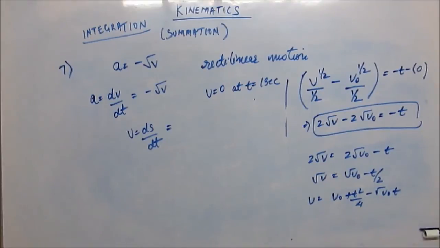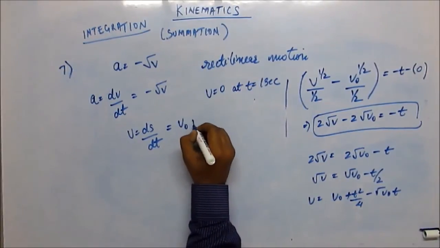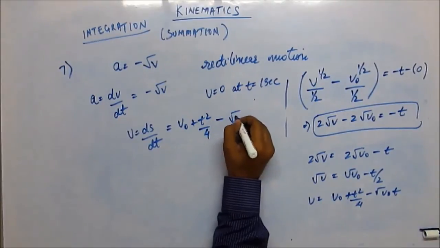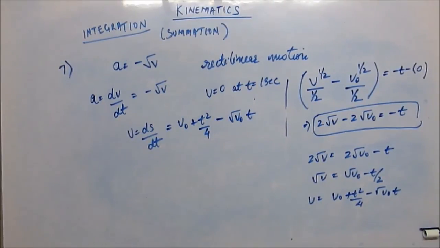I just squared both the sides. This is what we will get. So now this v is ds by dt. So ds by dt we can write as v naught plus t squared by 4 minus root over v naught into t. And finding ds from here is a part that is well known to you.